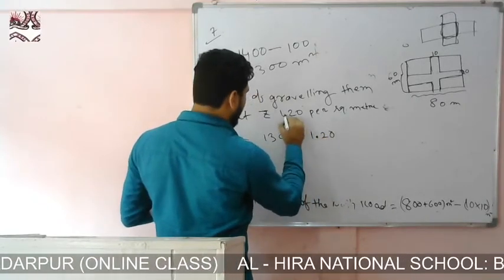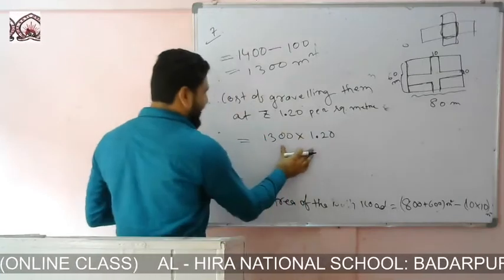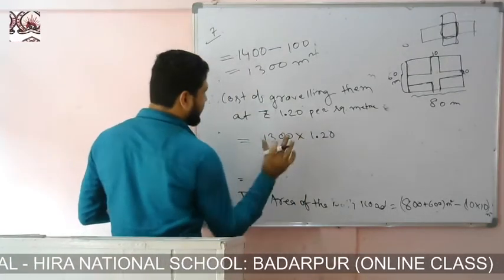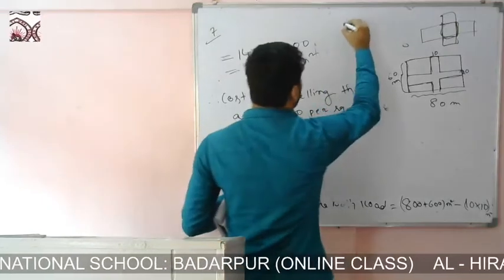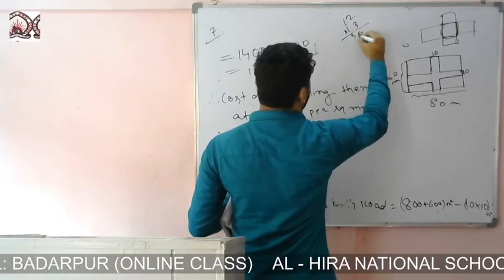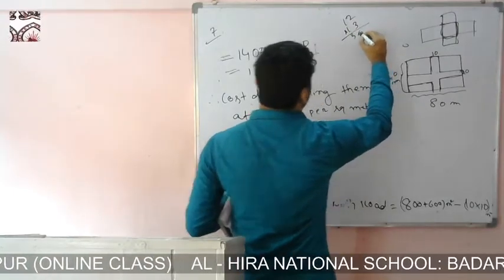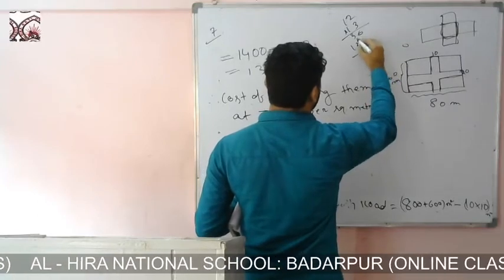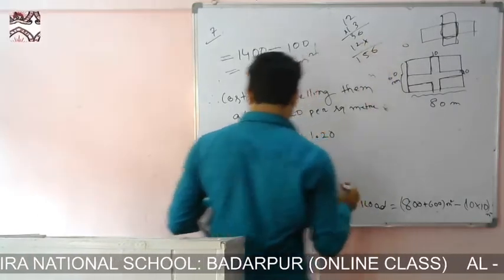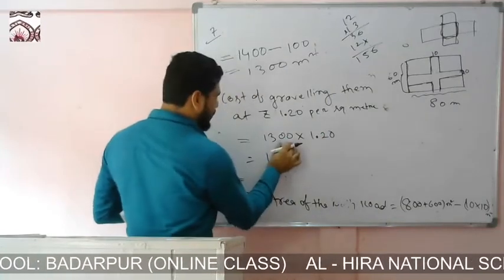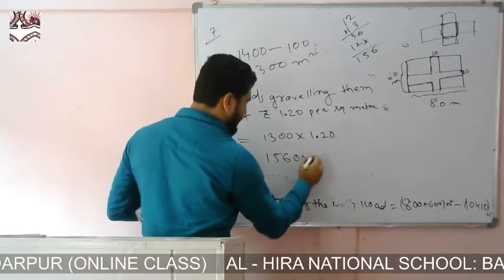1.20. So first you multiply 12 and 13. After that you put zeros. So multiply 12 and 13. Here will be 36, here 12, and 6, 5, 1. So write 1, 5, 6. After that 2 zeros, here 1 0.